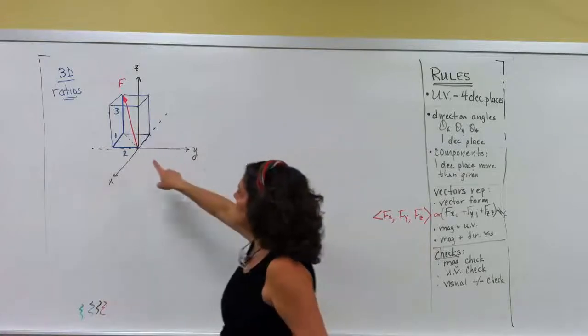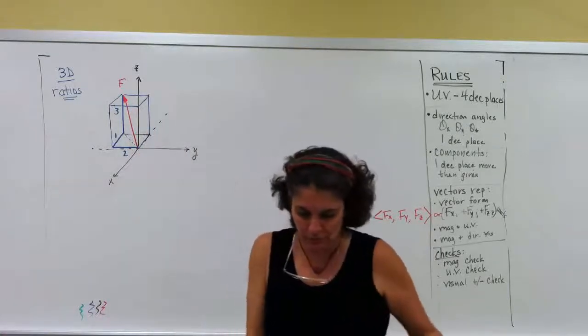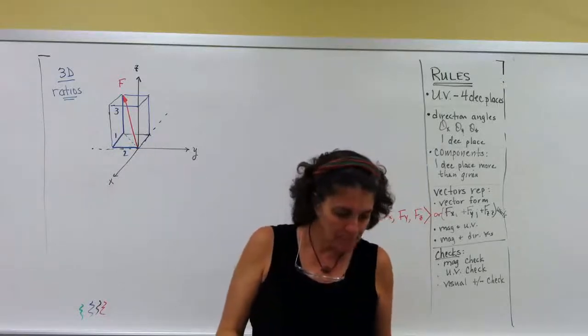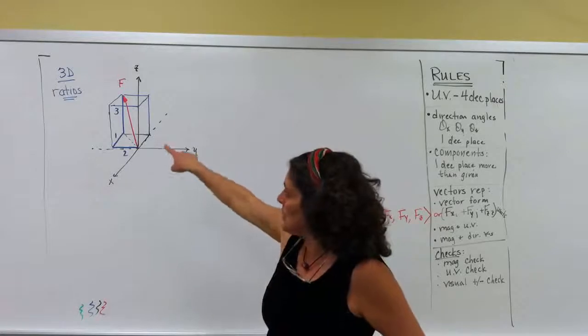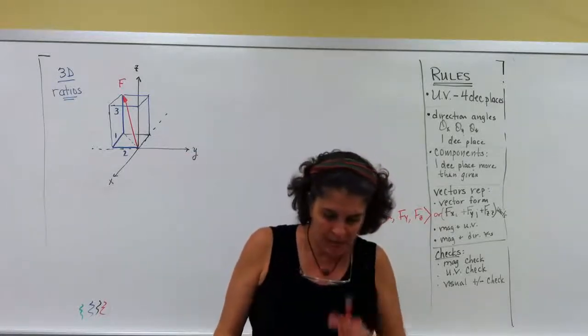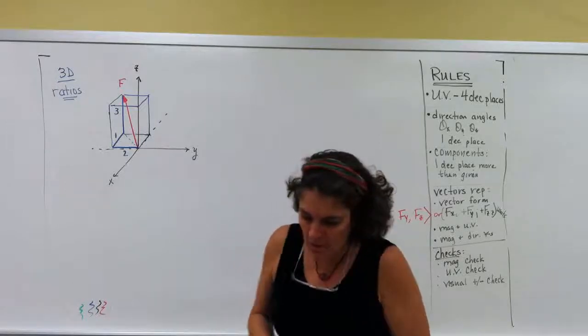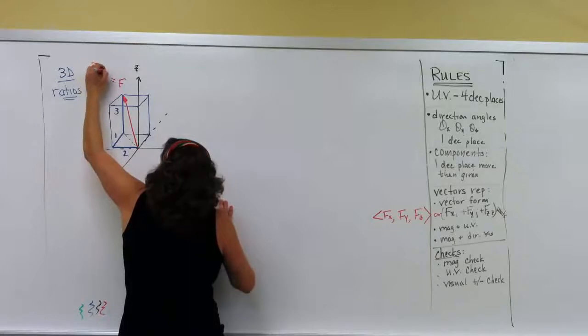Our red color represents our force, and in this case, let me look up the value of the force. While I'm looking it up, take a look at 1, 2, and 3, and what distances do those represent? The value of the force is 21 kilonewtons.